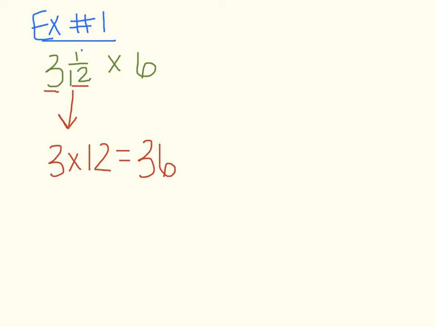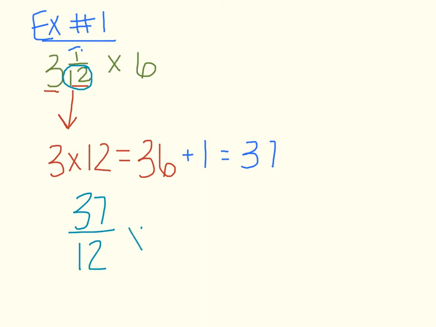And then we add the numerator, plus 1 equals 37. And 37 becomes our new numerator, and the denominator stays the same. So we have 37 over 12 times 6. But since 6 is a whole number, we have to put 6 over 1.